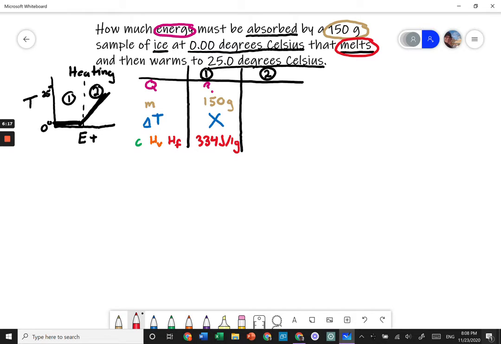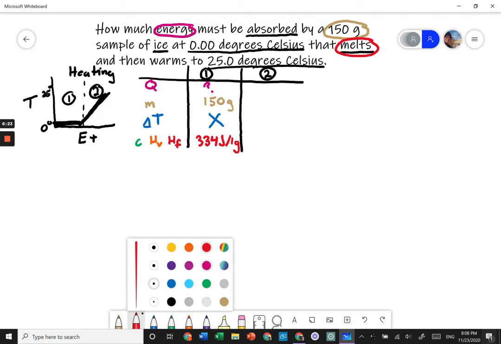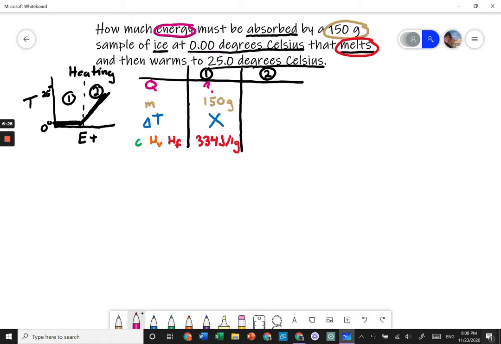What I'm going to do next is go through region 2 and see what I can fill in. Once again, looking at the question, I know that I'm still looking for energy, so I'm going to put a question mark there, because that's what I'm still trying to find. For my mass, well, it's not telling me that any of my ice or water is leaving the system. Nothing's entering the system, so it's probably going to be 150 grams still. So I'm going to write that down.